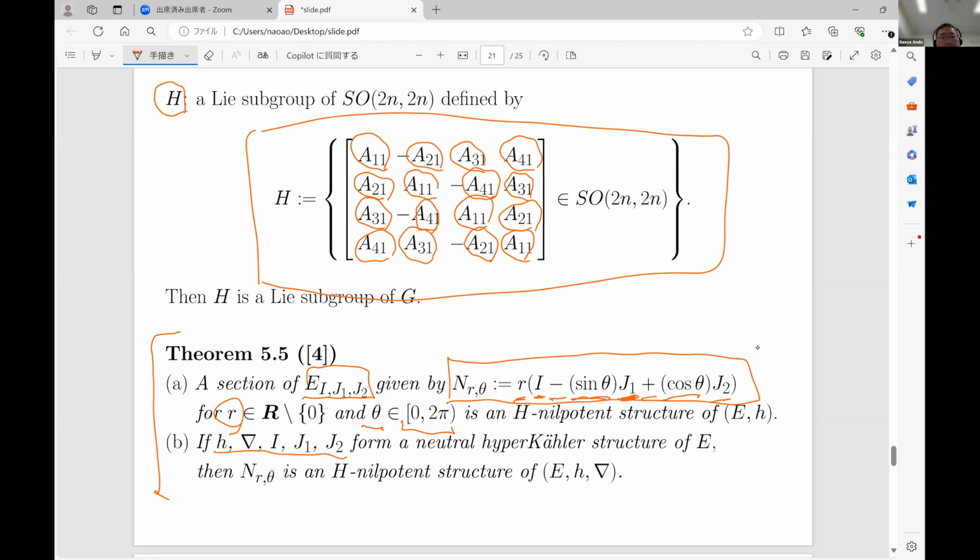If these form a neutral hyperkähler structure of E, then N r theta is an H nilpotent structure of EH nabla.